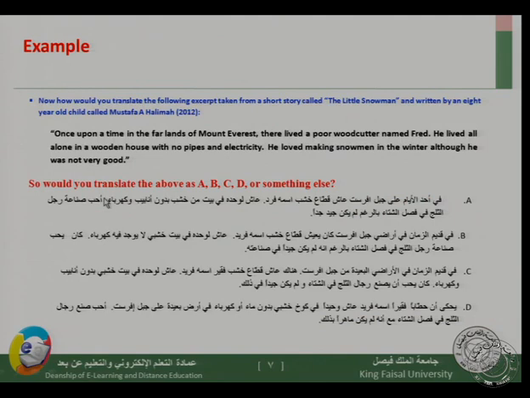Now look at this. I have taken a little excerpt from the short story written, as I said, by an 8-year-old child called Mustafa Ahmad Halimah, in 2012.